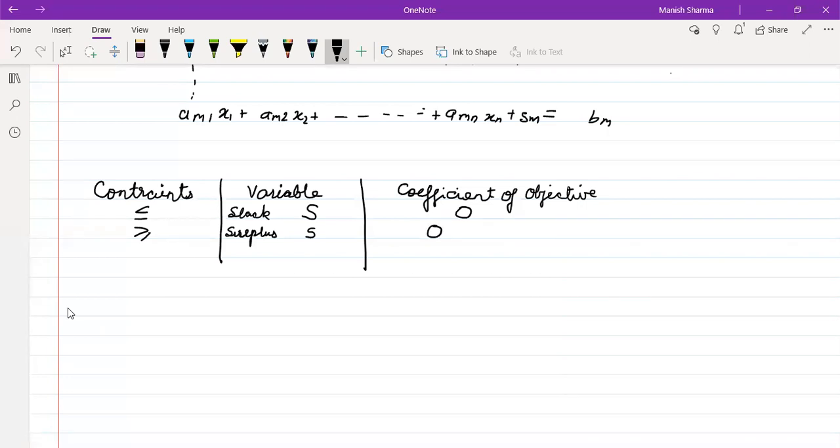But with this, we also have to add an artificial variable, termed a, and the coefficient of this artificial variable in the big M method is a penalty, capital M.